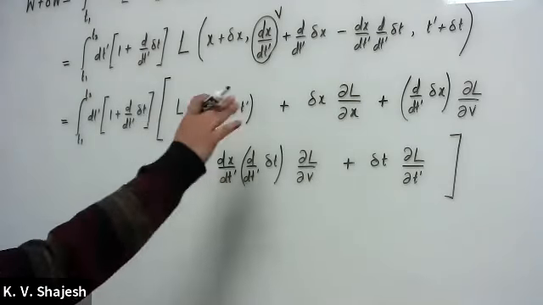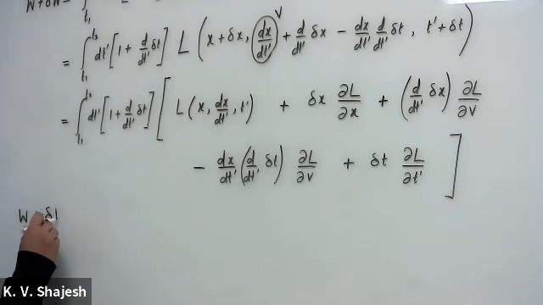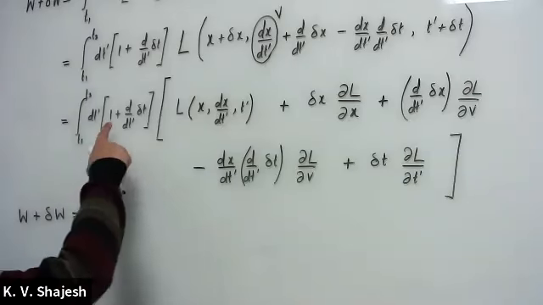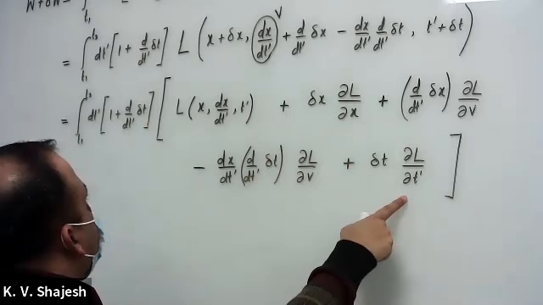I have to now expand this out, right? Again, remember I have to keep only the leading order. The first variation is the only important thing. If two variations come together, I can drop it because I've already dropped things. So let me rewrite this: W plus change in the action. I can multiply this 1 with each one of them. There are 1, 2, 3, 4, 5 terms in here.